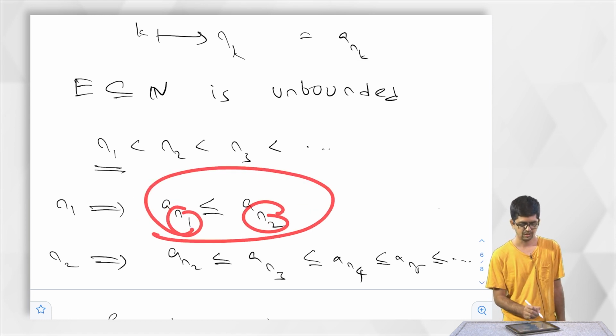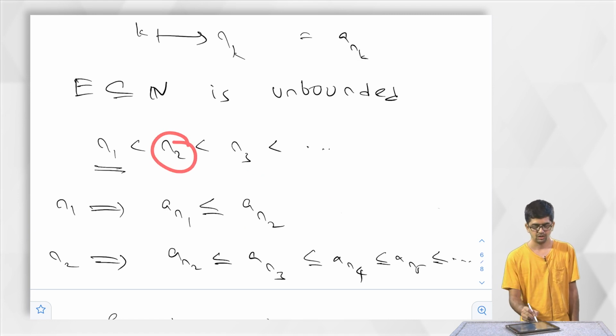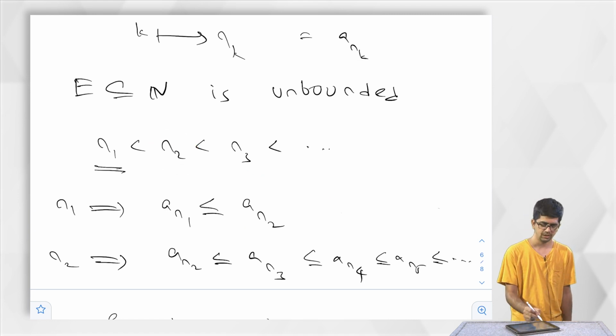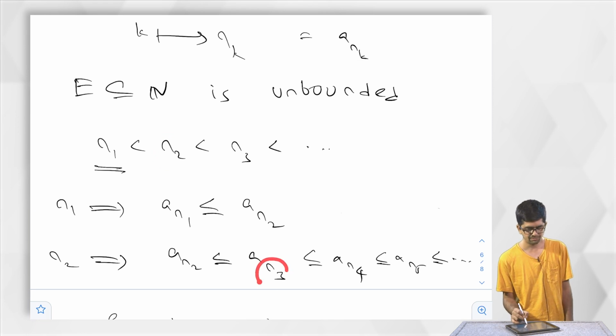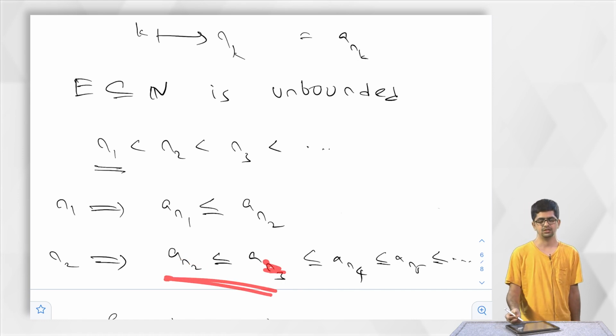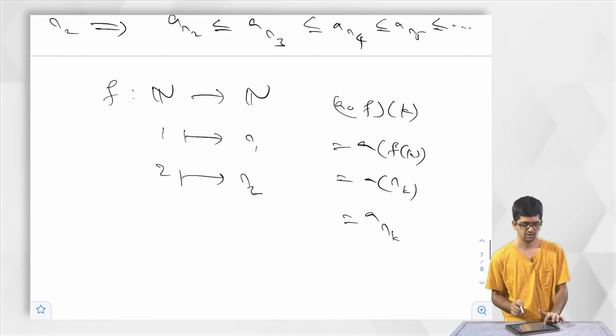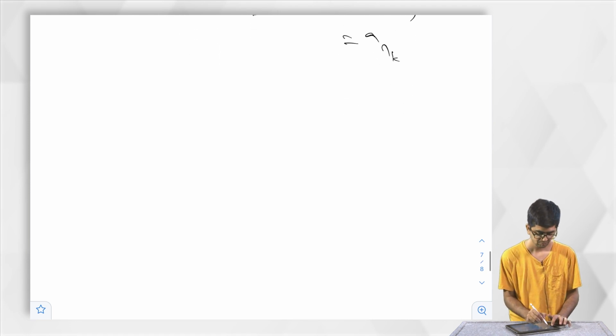Now apply the same idea for this element n2. n2 is an element of E. So for every m greater than n2, we have this condition, in particular for n3. One can do the same thing again and again and get an increasing sequence that is a subsequence of a.